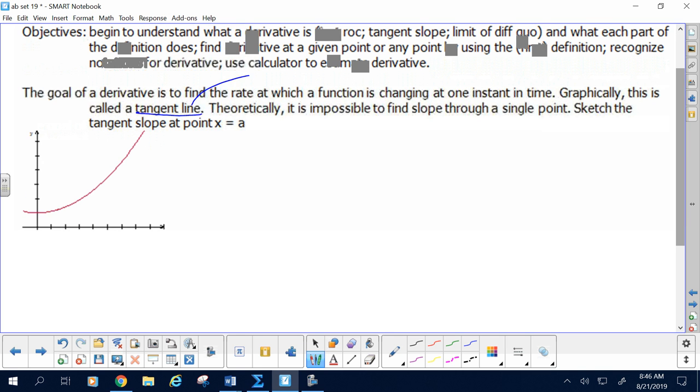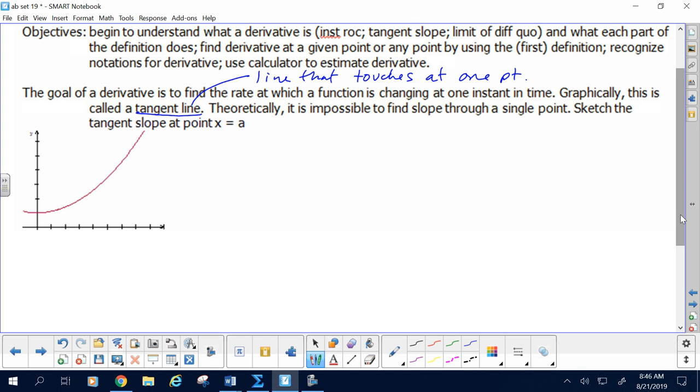A tangent line is a line that touches the curve at one point, I guess I should say. All right? Now, we'll come to that in a second. Theoretically, it's impossible to find slope at a point, or change at a point. If I said, hey, here's 1 point, draw the slope through it.